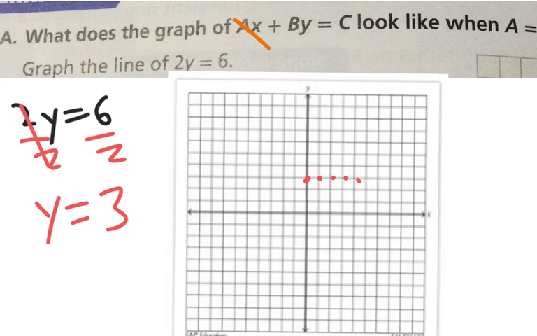All of those points have a y of 3. So this horizontal line is the collection of all points that have a y value of 3. So when the a value is 0, you get a horizontal line.